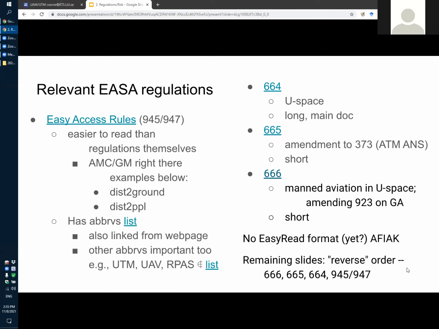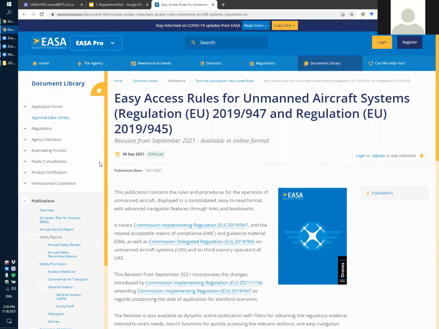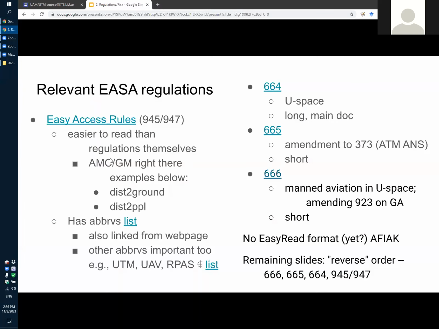So here they are, the relevant regulations. The 945, 947, pretty long read. I guess we looked at these easy access rules, which are nicely organized on the webpage. We will look at them many more times.